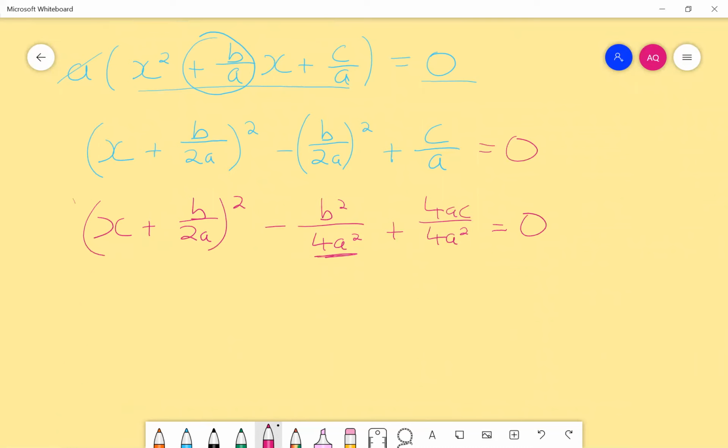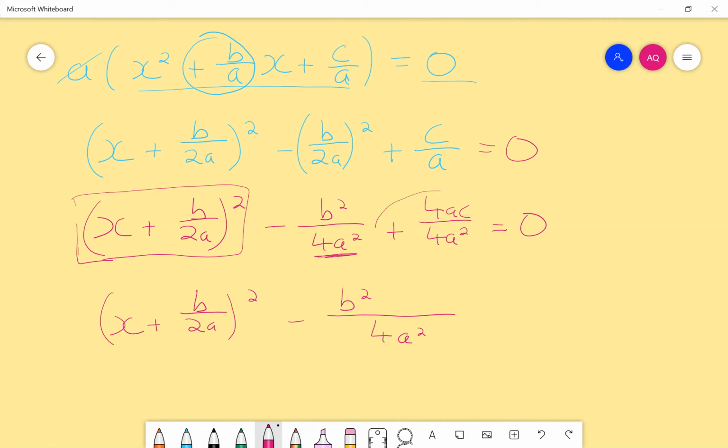Now let's leave our square alone for the moment and let's combine these two fractions that we have here. So what we can then say is this is x plus b over 2a squared minus, then let's write it as a single fraction, and you would have minus b squared.